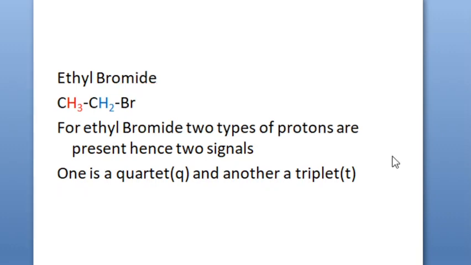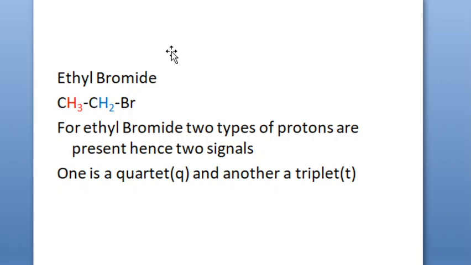Similarly, in the case of ethyl bromide, how many types of protons? 2 types of protons. One is CH3, another one is CH2. The chemical environment of CH3 is different from the chemical environment of CH2. So CH3 will give you a different signal and CH2 will give you a different signal. So you'll get 2 signals in this case, one a quartet and the other a triplet.